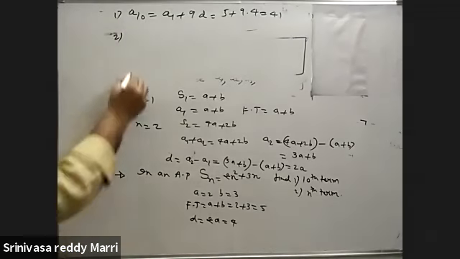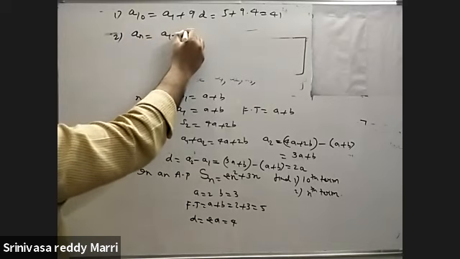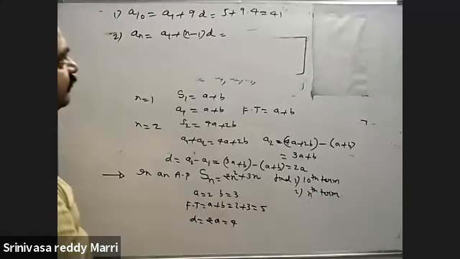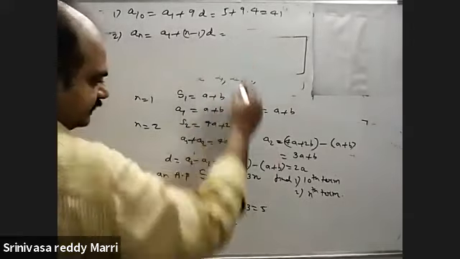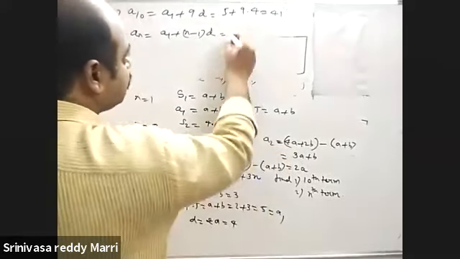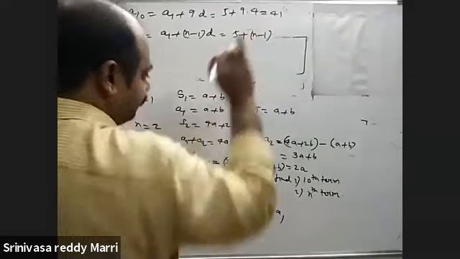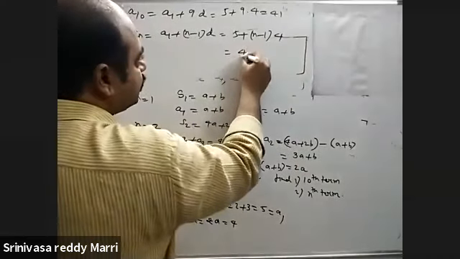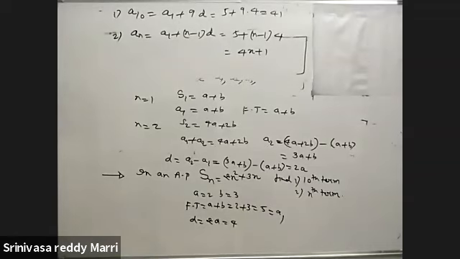Now second, the nth term is nothing but A1 plus n minus 1 into D, which is 5 plus n minus 1 into 4. This is nothing but 4n plus 1. Like that you can calculate any term by using this concept.